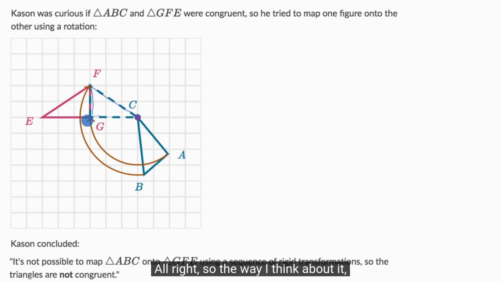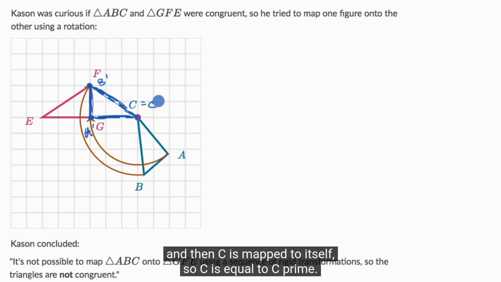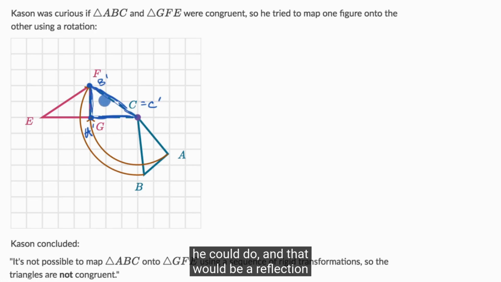All right. So the way I think about it, he was able to do the rotation that got us right over here. So it was rotation about point C. And so this point right over here, let me make sure I get this right. This would have become B prime, and then this is A prime, and then C is mapped to itself. So C is equal to C prime. But he's not done. There's another rigid transformation he could do, and that would be a reflection about the line FG.